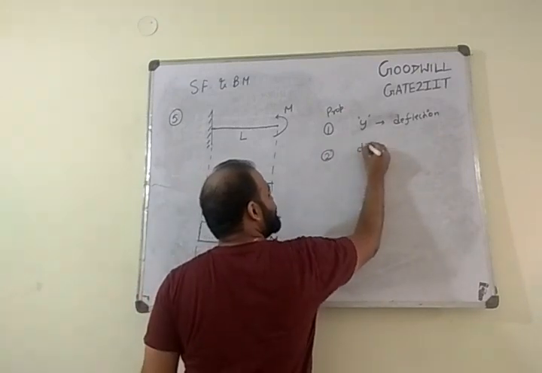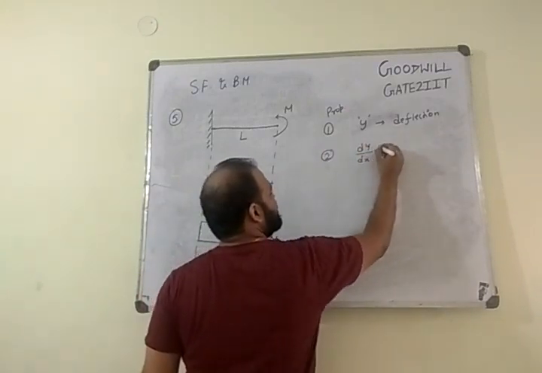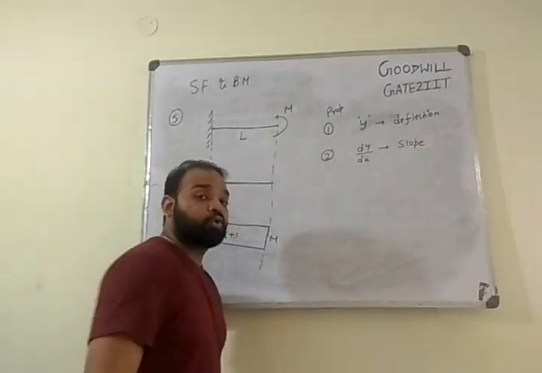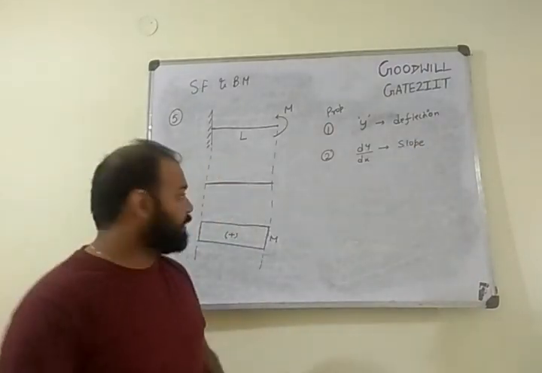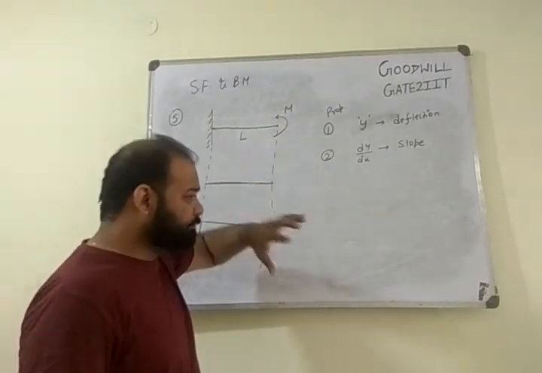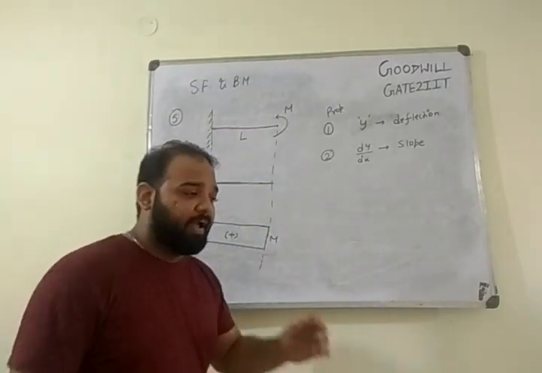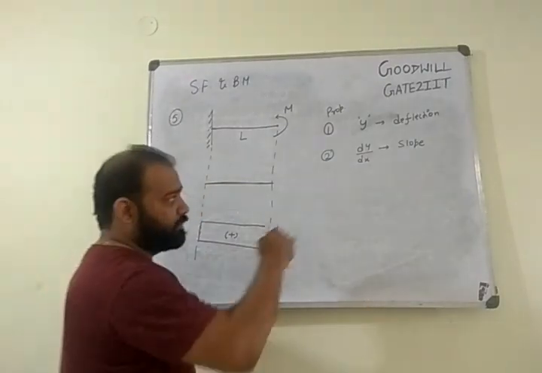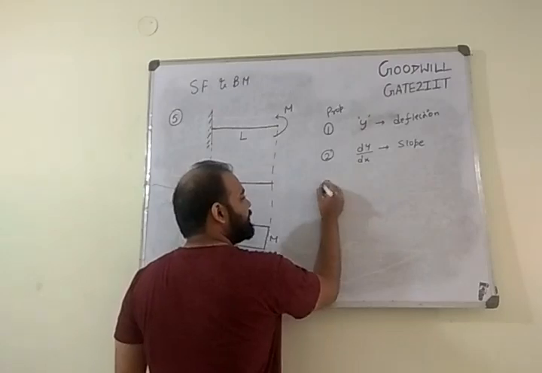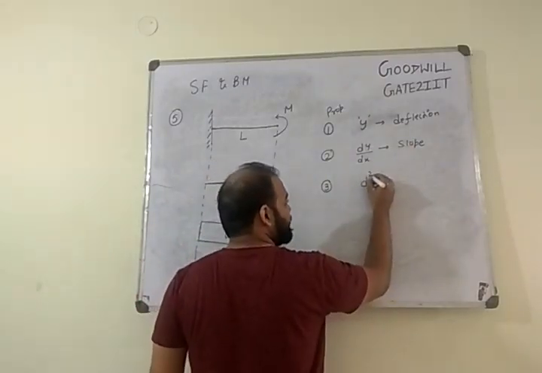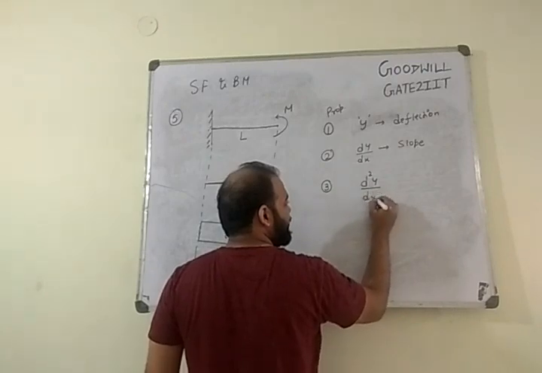When you differentiate this y, that means dy by dx, you call it the slope. So the slope of the beam at some point. The slope of a cantilever beam at the fixed end is 0. Similarly, the slope in a simply supported beam at the midpoint is 0 when you apply a unit load. Guys, keep in mind I'm continuously differentiating it. You differentiate it further, d square y by dx square.